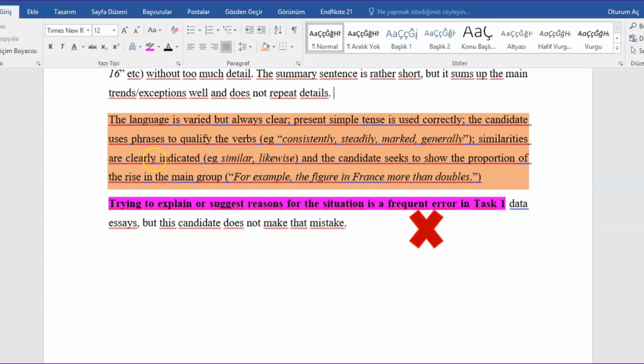Similarities are clearly indicated with similar and likewise, and the candidate seeks to show the proportion of the rise in the main group, with the figure in France more than doubles. And at the end, trying to explain or suggest reasons for the situation is a frequent error in task 1 data essays. Pay attention to this, but this candidate does not make that mistake.